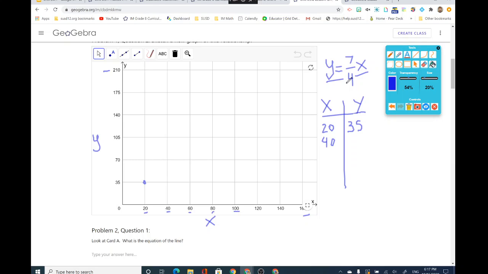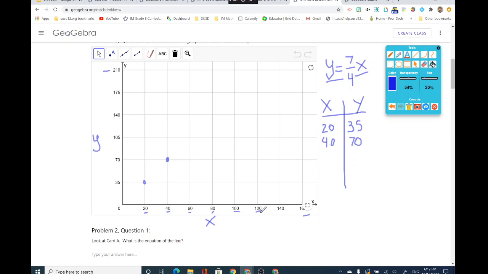We'll put it into this equation. It's going to be 7 times 40 divided by 4. And that gives you y equals 70. Go ahead and do the math on your own. Check for my mistakes. And graph that. x equals 40, y equals 70 right here.